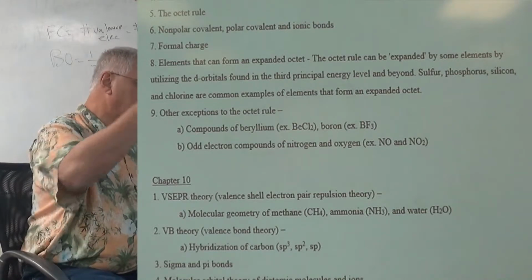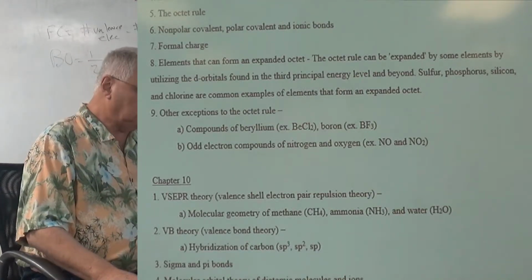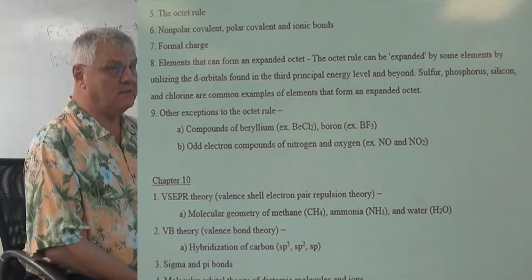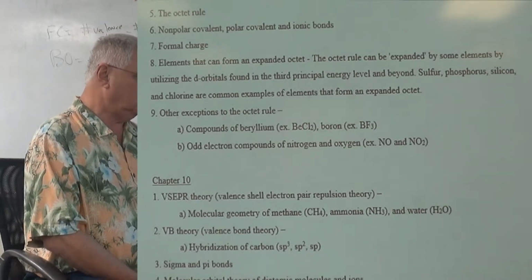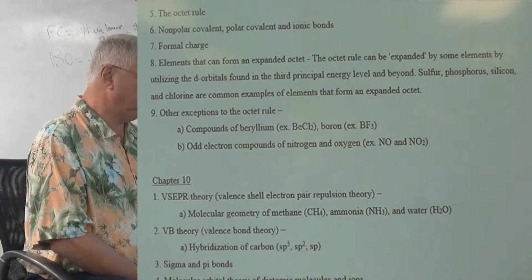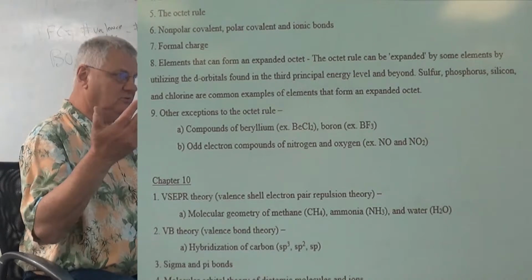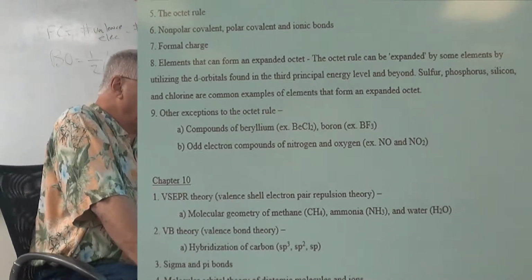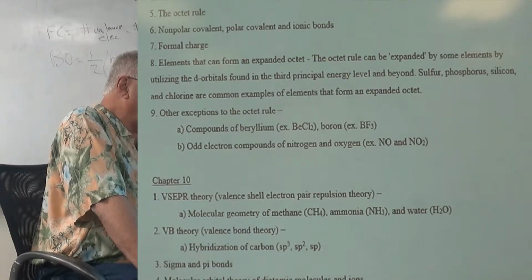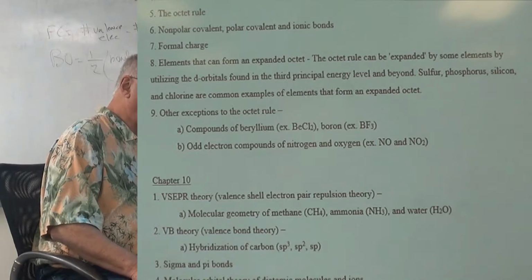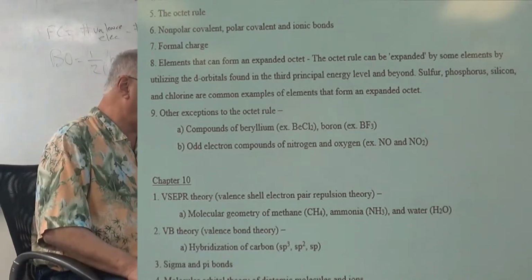Just for the record, sulfur, phosphorus, silicon, and chlorine are examples of nonmetals that can have an expanded octet. So it's just kind of a multiple choice type question of knowing the identity of those.